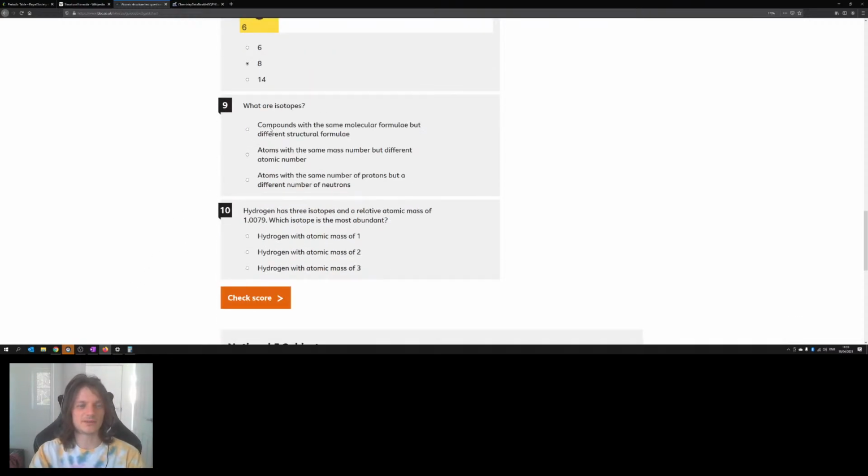What are isotopes? Compounds with the same molecular formulae but different structural formulae. Atoms with the same mass number but different atomic number. Atoms with the same number of protons but a different number of neutrons. It's not that.